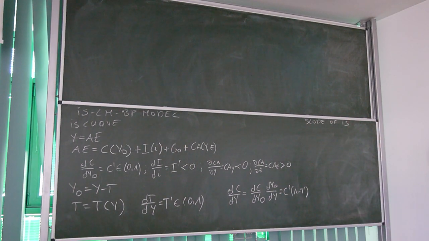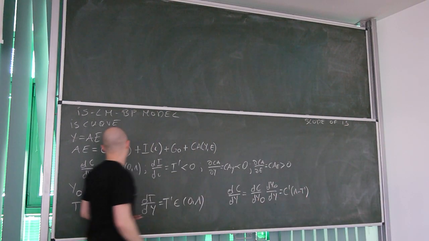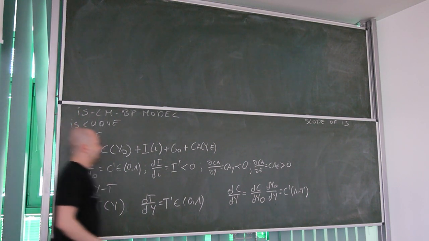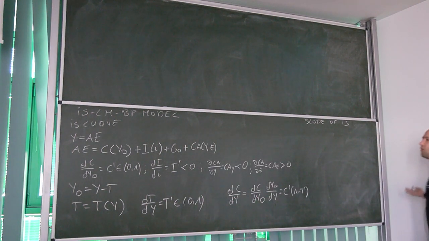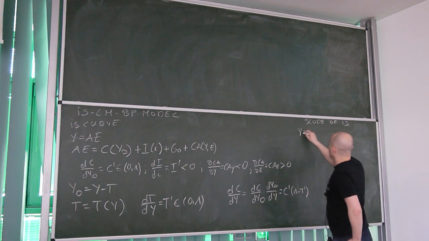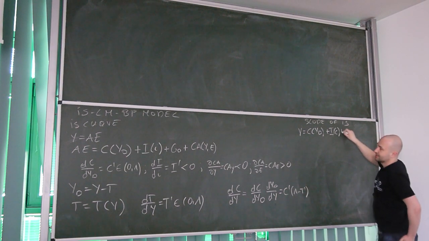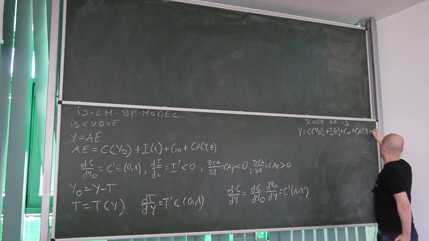In order to do so, first we condense the entire model into one equation, which in this case basically means combining those two. So we get Y equals C(Yd) plus I plus G0 plus CA(Y, E).